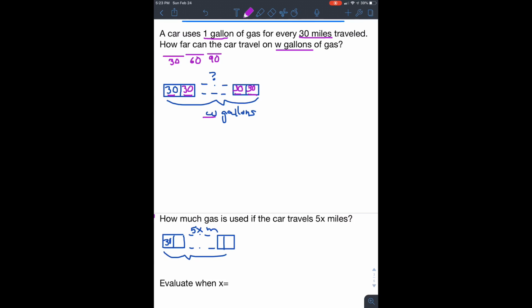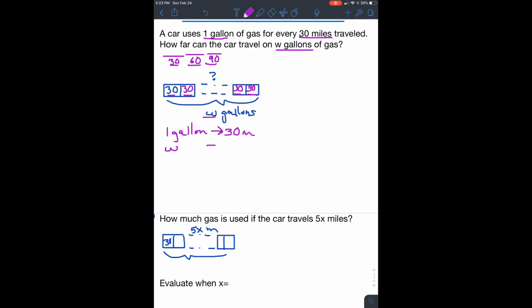And up here I thought about adding them, but remember, when you have all the same addition, you can think about that as multiplication. So I have my boxes of 30 here. And it says, how far can the car travel on W gallons of gas? Well, with 1 gallon of gas, you can go 30 miles.